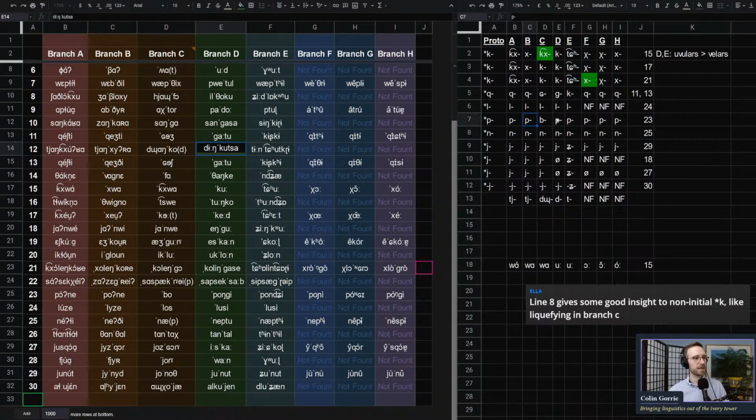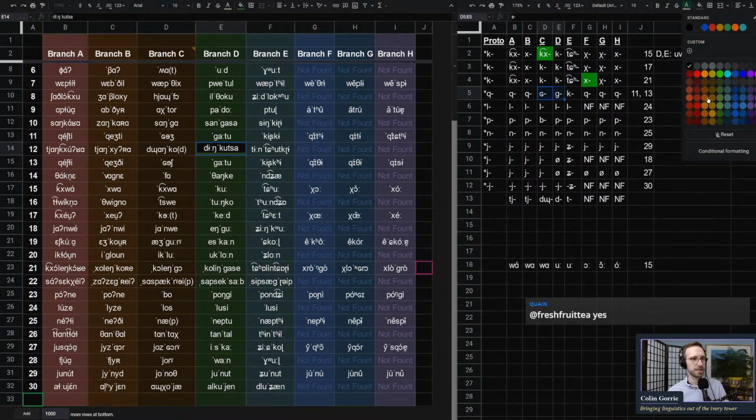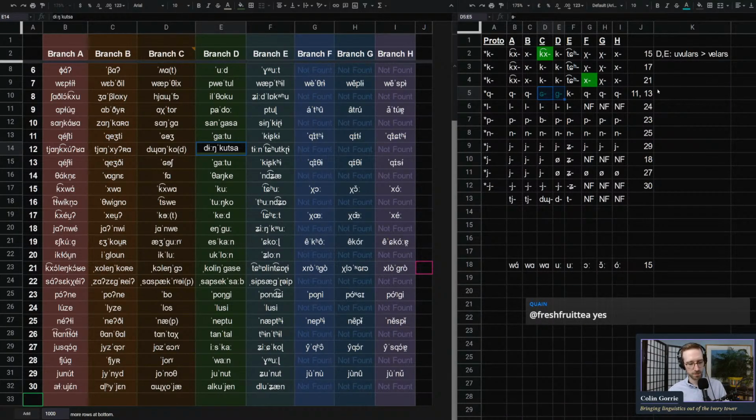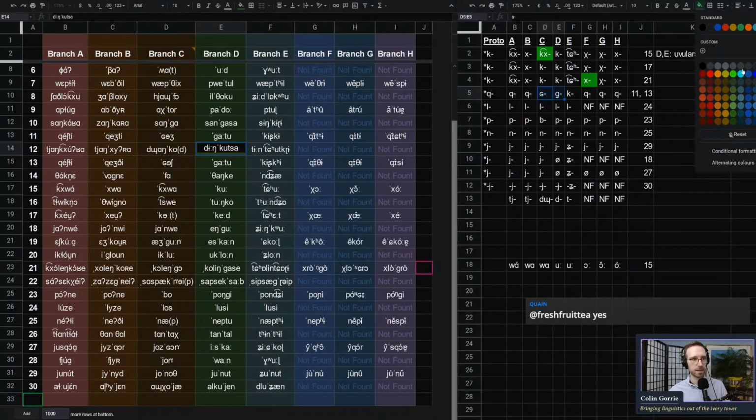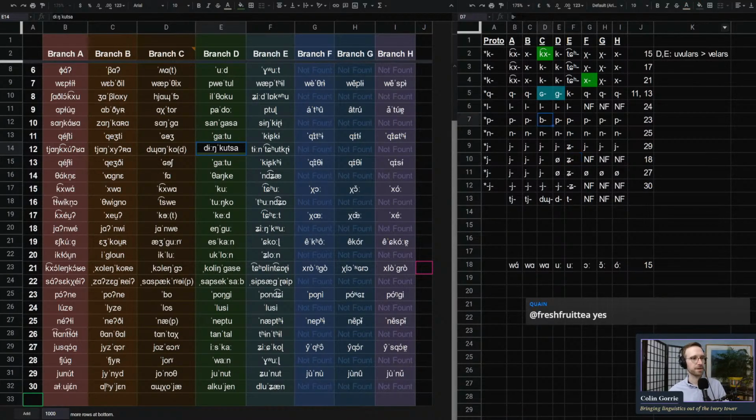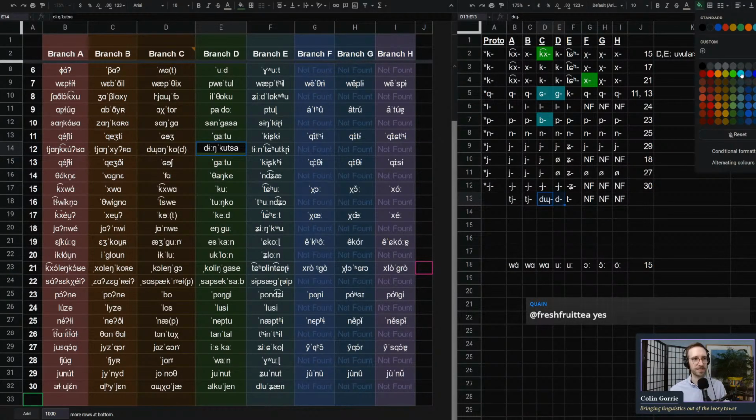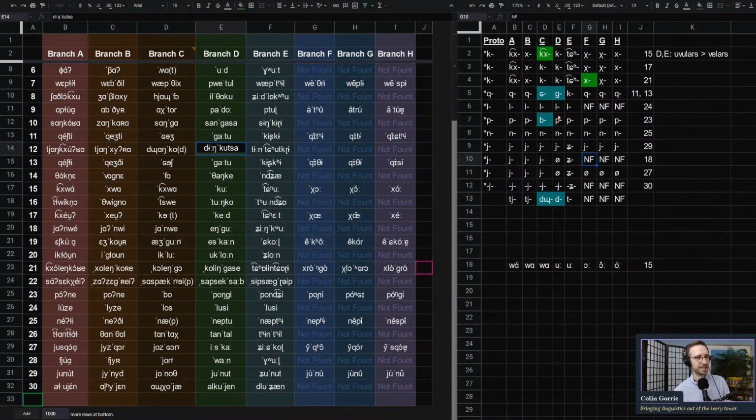And then we have to explain why the pattern of voicing in C and D here is different. We have the same pattern of voicing in C and D, but not in 23. Why?